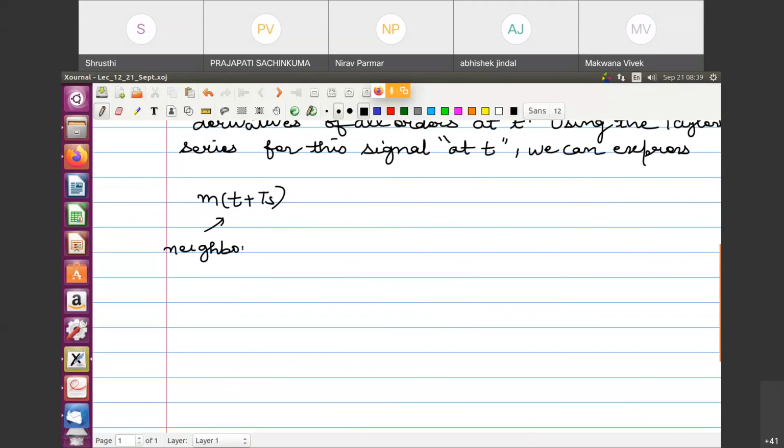So I am writing the Taylor series at t, and I am finding the value in the neighborhood of t. Neighborhood of t means Ts should be nearby. So this can be written as m of t plus Ts m dash t, this is the derivative at t, plus Ts square by 2 factorial. This is the standard Taylor series formula.